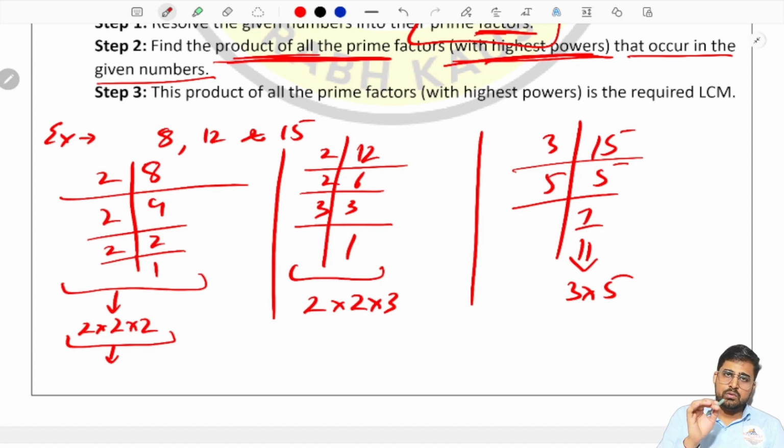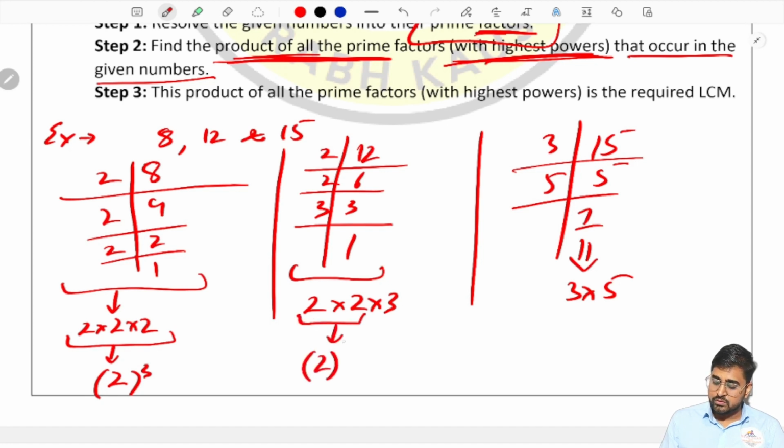Basically, 2 is repeating 3 times, which means we can write it as 2 to the power 3. In this case, 2 to the power 2. And this as 3 to the power 1. In this case, 3 to the power 1 and 5 to the power 1.